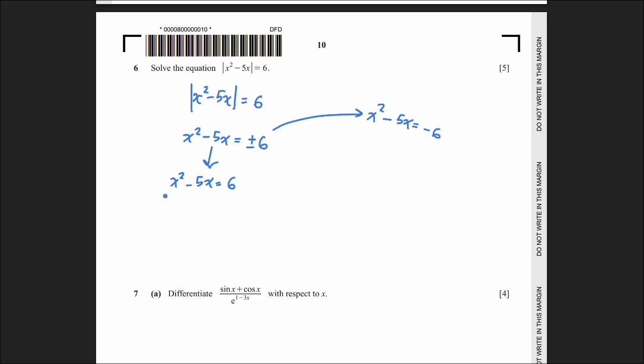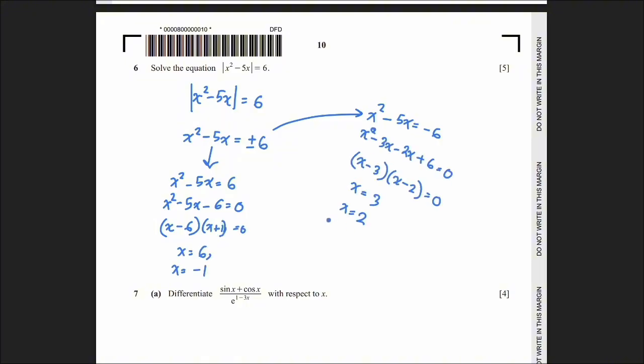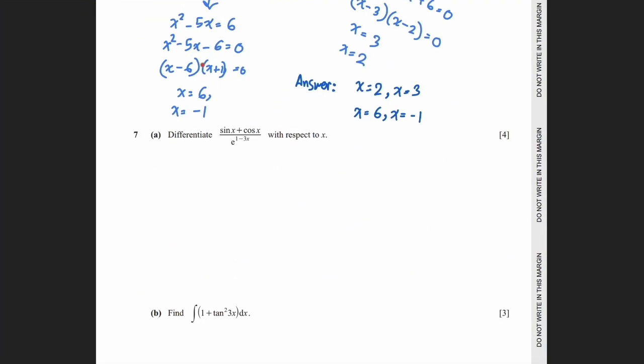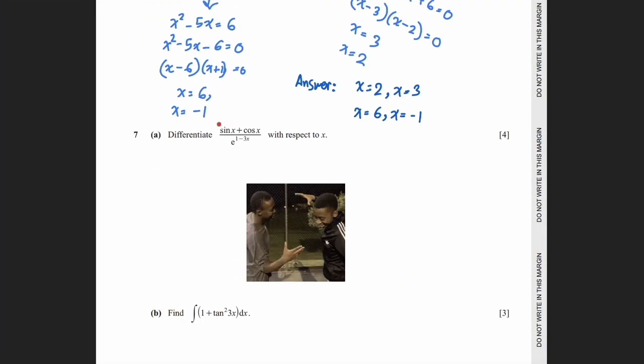So let's solve both of these equations individually. And this is by far the easiest question I have seen on this paper. Everything else is just horrible. X equal to 2, x equal to 3, x equal to 6, x equal to minus 1. Thank you.